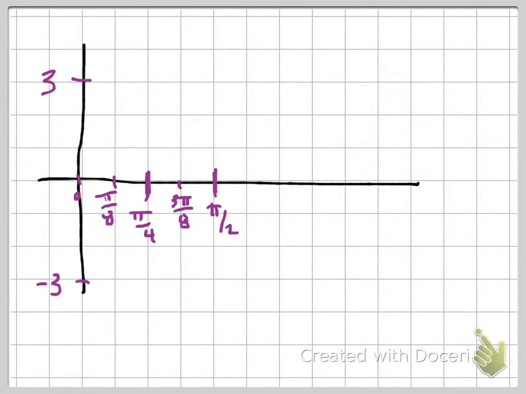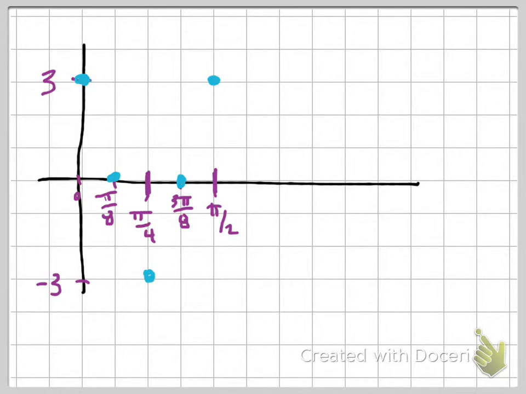So again, the actual creation of the graph is different now. At our x1 value, we are either going to start at a min or a max, and because my amplitude is positive, we're going to start at a max. And then at our second x value, we're at the intercept. Our third value, down to a min. Fourth value, intercept. Fifth value, max.